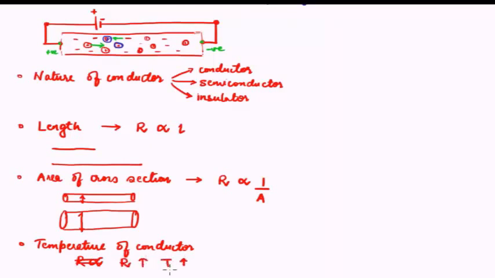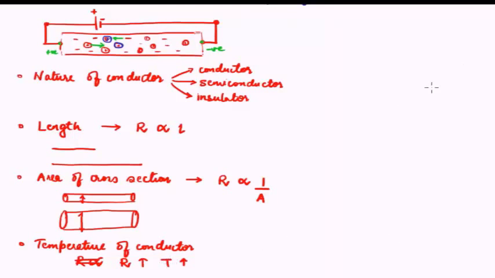There may not be a linear relation, but with increasing temperature resistance increases. Fine. We have understood the concept of resistance, and we have seen the different parameters on which the resistance of a conducting wire would depend.